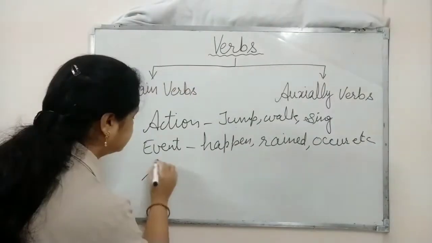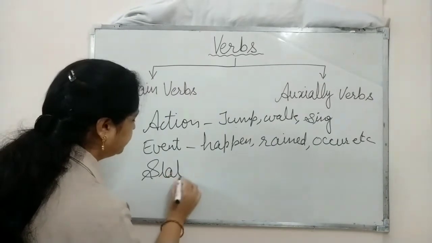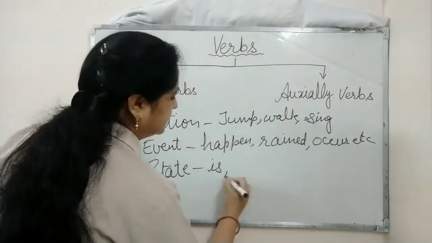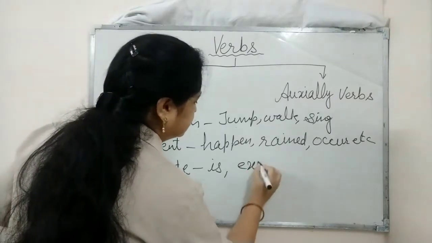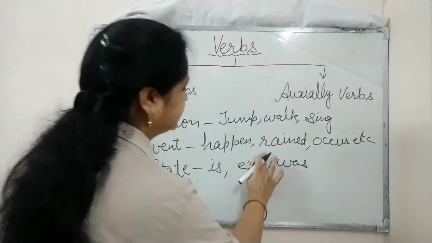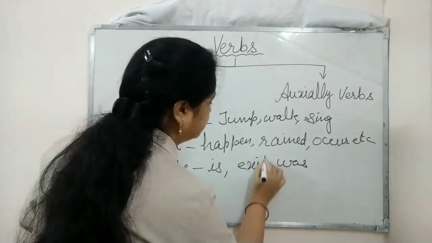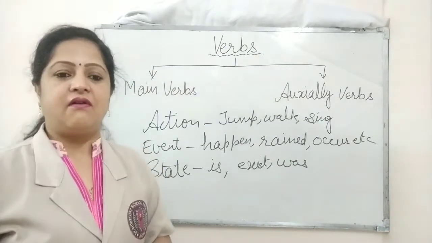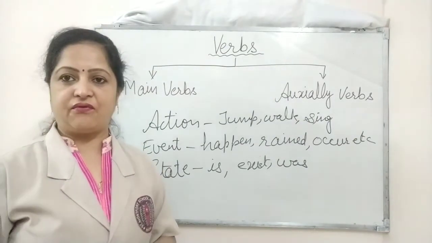The third one is state of being. Here it can be is, exist, and was. All these are known as the state of being. Okay? So now we know the definition of verbs.